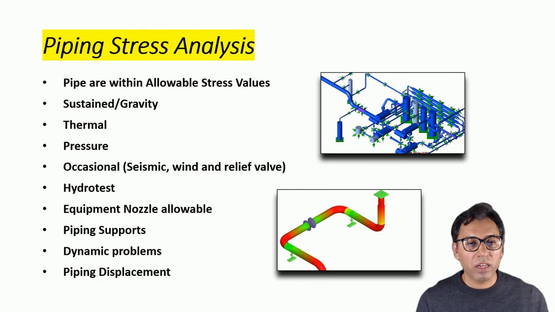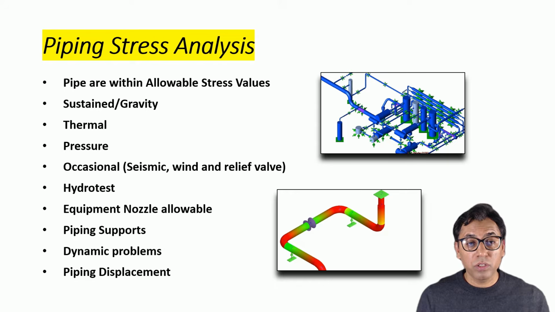And these stress categories are sustained or gravity, pressure, thermal, occasional, and hydro test category. For piping connected with equipment, we need to make sure it does not put more load than the nozzle allowable of that equipment.